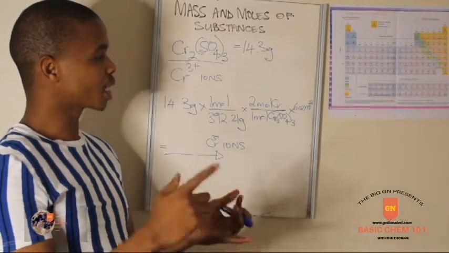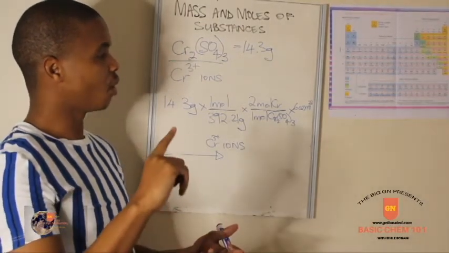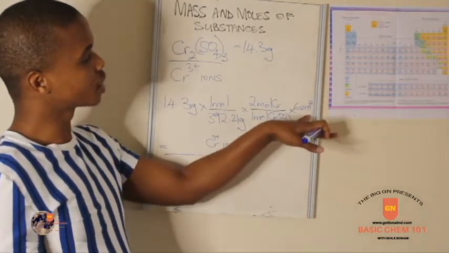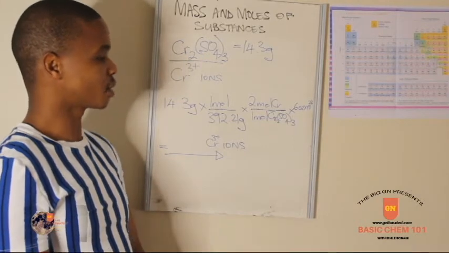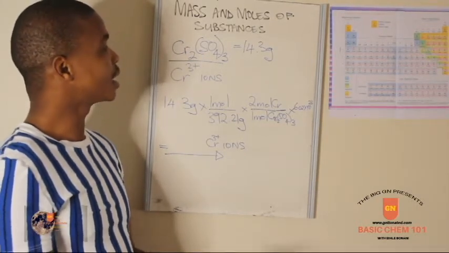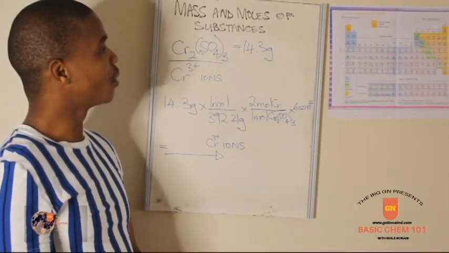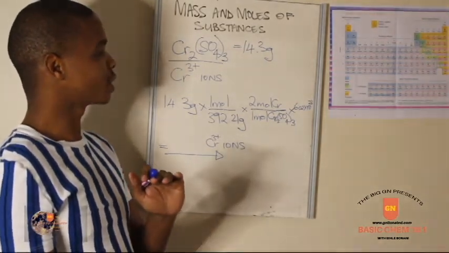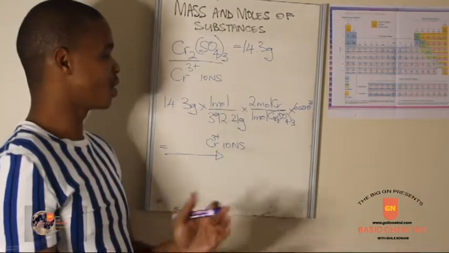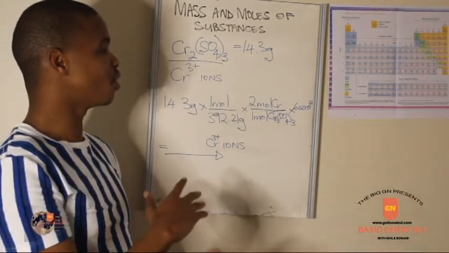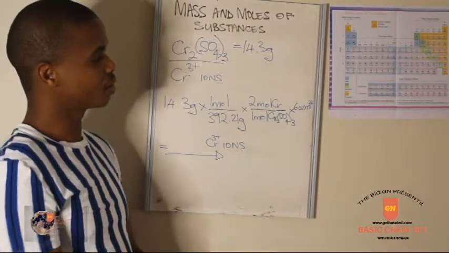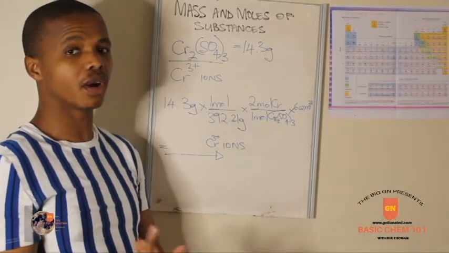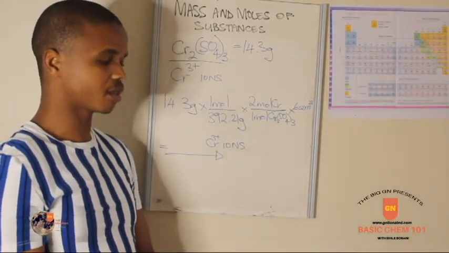Once they ask about atoms, molecules, or ions, or formula units, just know that you will have to use Avogadro's number. But if they just ask for the number of moles from the mass, or the mass from the number of moles, chances are you might not use Avogadro's number. But once there is an atom, molecule, or ion, we'll be talking of your Avogadro's number.